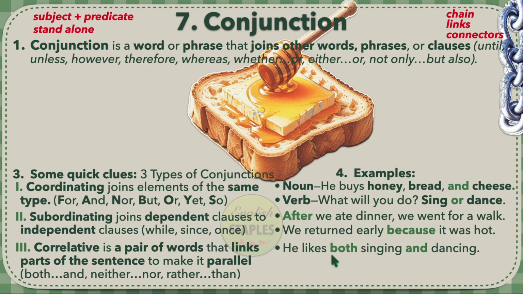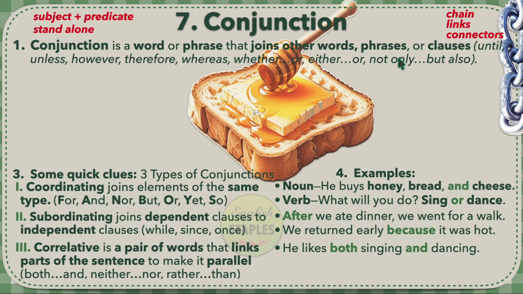So it's absolutely necessary if you're going to use this kind of conjunction that you use both words. And it's also absolutely necessary that whatever you're going to use with these words, the sentence is balanced. It's parallel. For example, look at this. Both singing and dancing. So here we are using a gerund and another gerund.